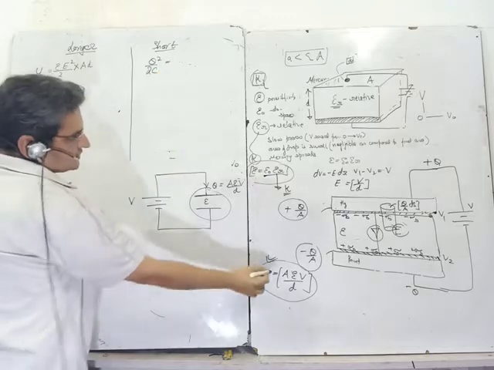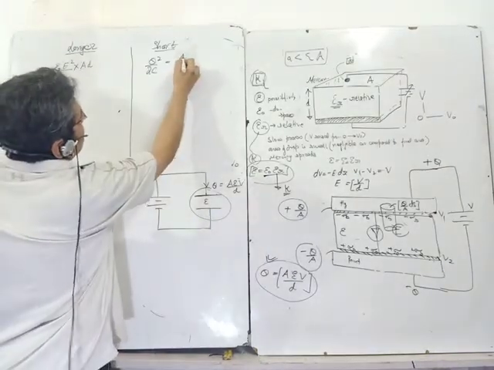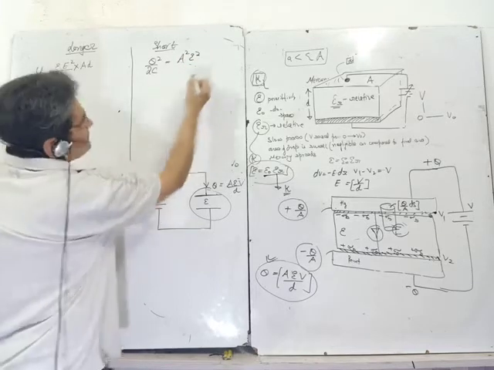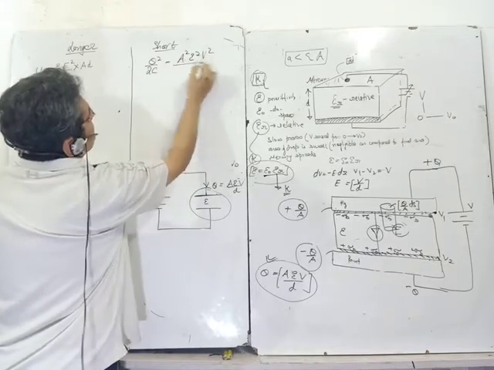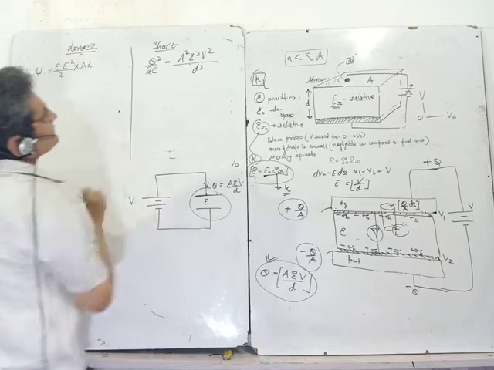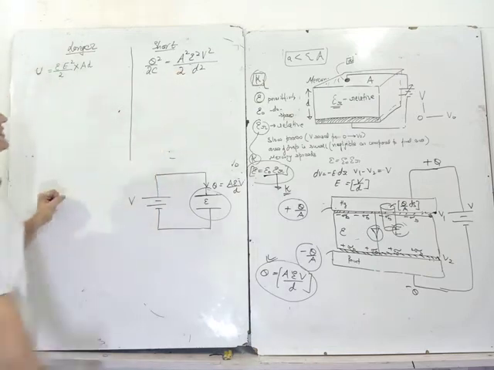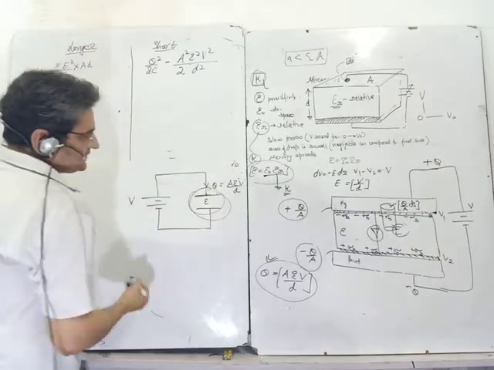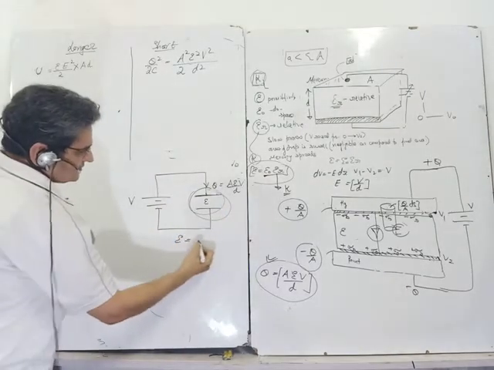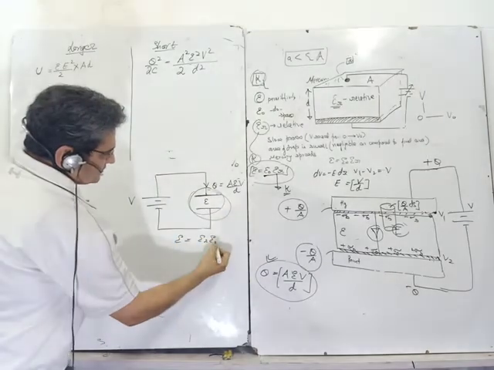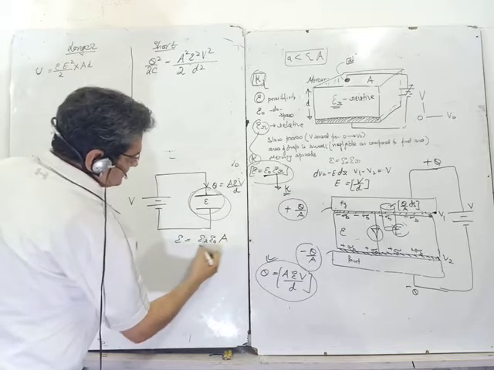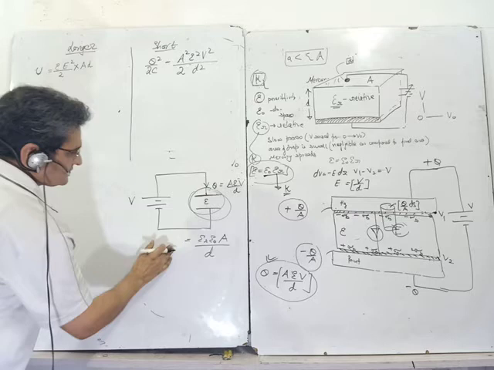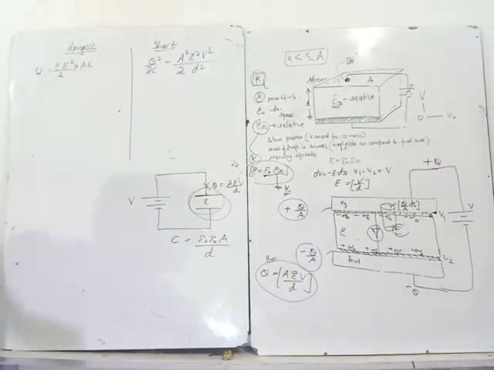The value of Q here we have found is epsilon A V upon d, so Q squared is epsilon squared A squared V squared upon d squared, upon 2. And what is the value of the capacitor? When there is a dielectric, it is epsilon_r epsilon naught A upon d. This is the value of the capacitance when there is a dielectric.